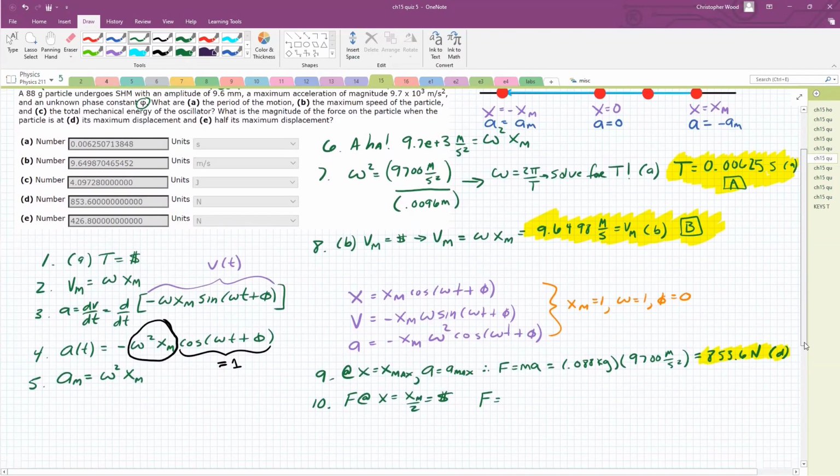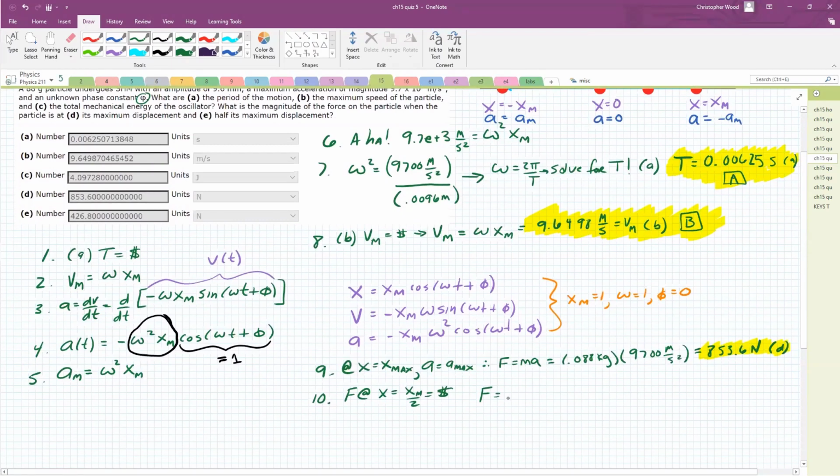No. All right, so F equals negative K times X. And did I not really figure out K? All right, so number 11. Omega squared equals K over M, which means K equals M omega squared.